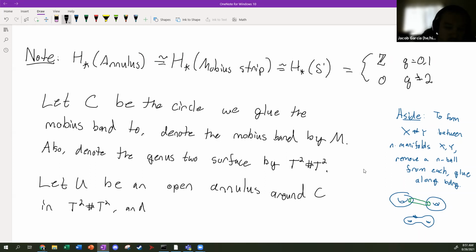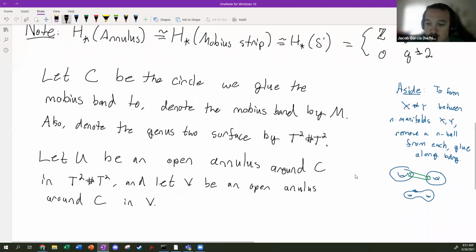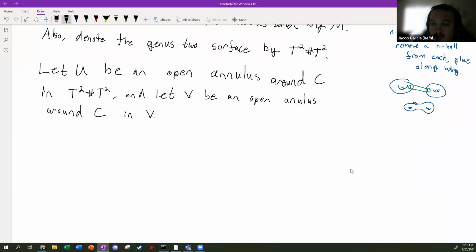And we're going to let V be an open annulus around C in M. So let me draw some of these pictures again. I have the genus 2 surface, and I have the curve C that I'm going to identify here.